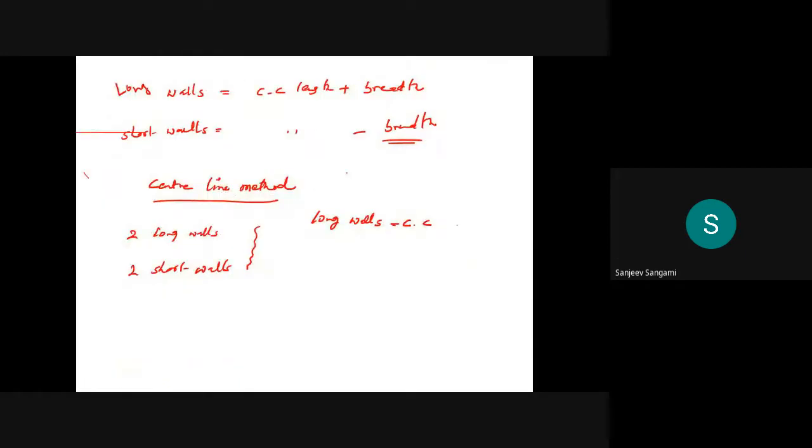The long wall center to center length is 5.3, but it has two dimensions, so 10.6. Similarly, for the short walls he has given 4.3 into 2, so that is 8.6.